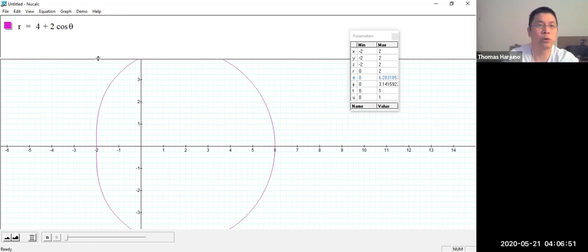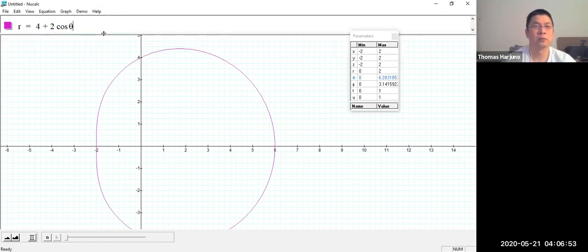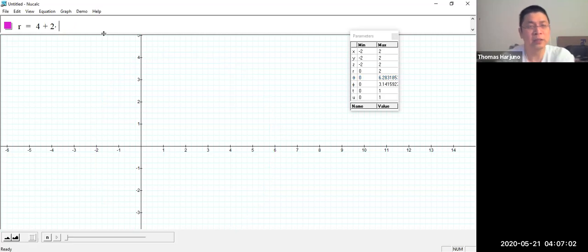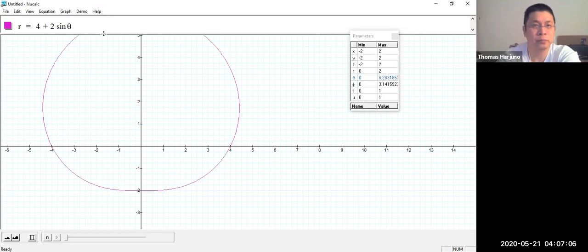This is what we saw earlier. Notice that cosine theta will be symmetric with respect to the x-axis. If I change this to sine theta, it's symmetric with respect to the y-axis, right?